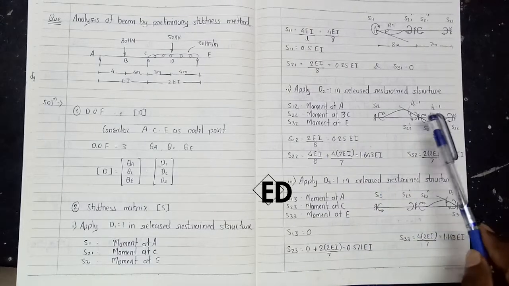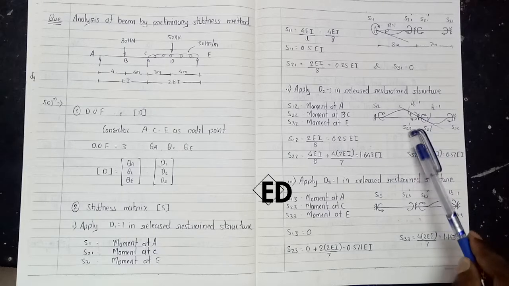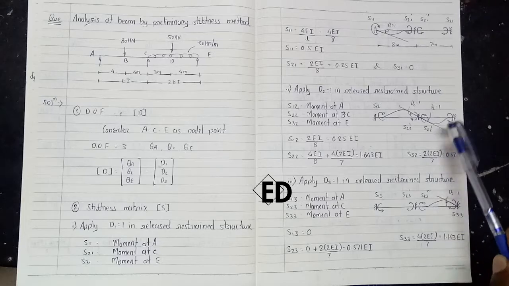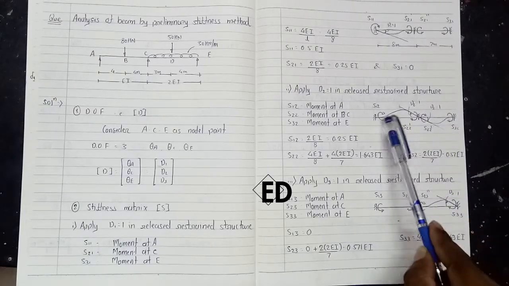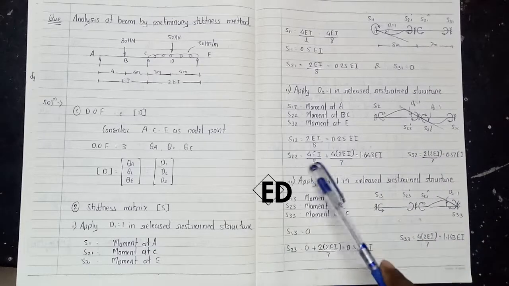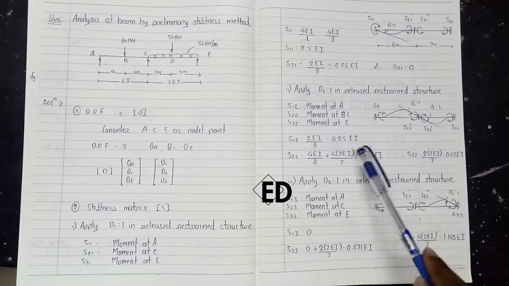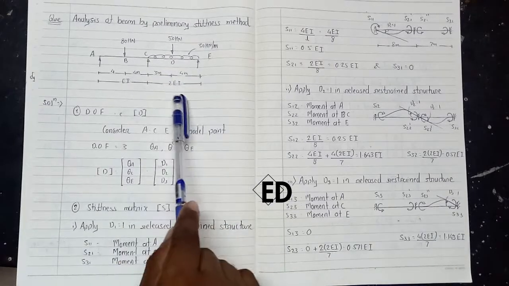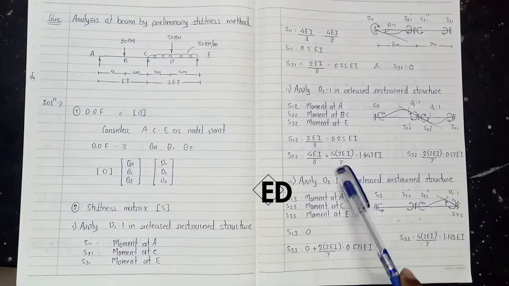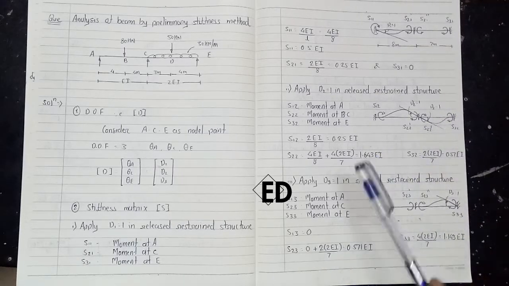The stiffness at point C is the summation of S22 dash plus S22 double dash. For the span C to A, the stiffness is 4EI by L, and for C to E it is 4EI by L. Here I present 2EI because 2EI is given, that's why 4 in bracket 2EI by L. L is 7, the distance between these two points.